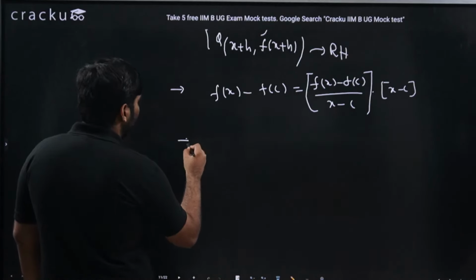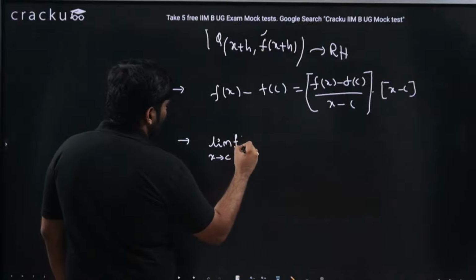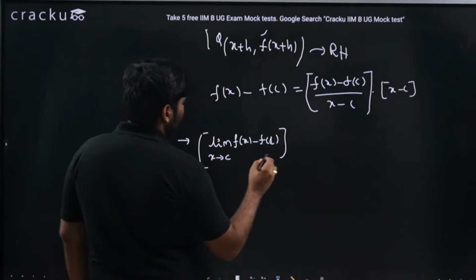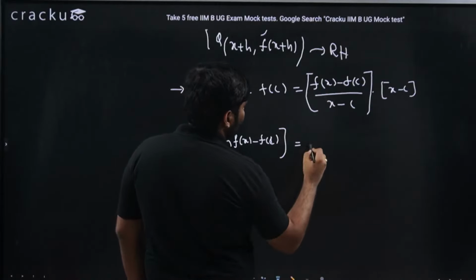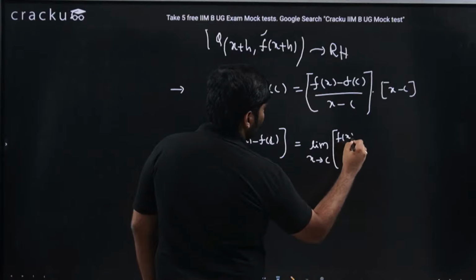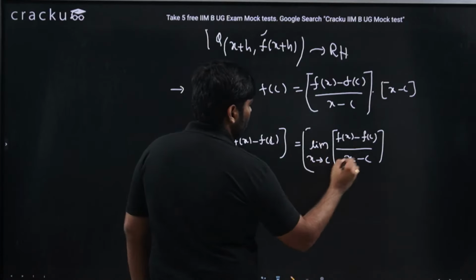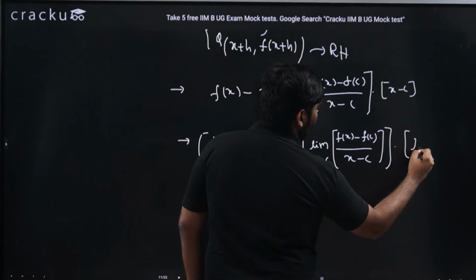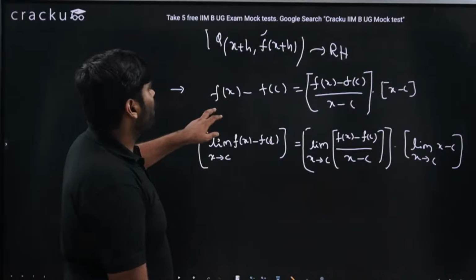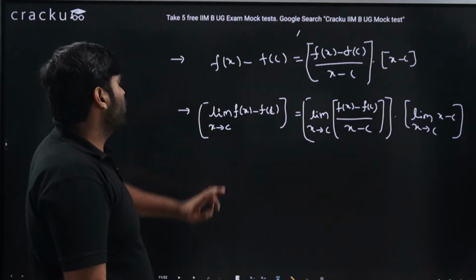When I do this and apply limits, limit x tending to c f of x minus f of c is nothing but, because this is differentiable, limit x tending to c f of x minus f of c by x minus c into limit x tending to c x minus c. The product rule of limits is what I am taking now. I just wrote f of x minus f of c as f of x minus f of c by x minus c into x minus c, and I applied limits on both sides.